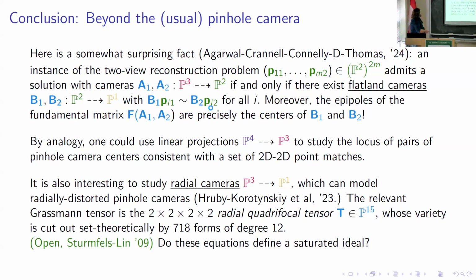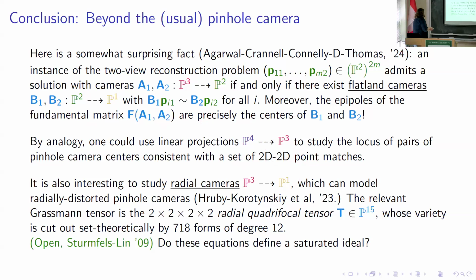What's nice about this if and only if is that the construction shows that the epipoles of the fundamental matrix for your 2 pinhole cameras are precisely the centers of these flatland cameras. So in other words, if you wanted to understand the epipoles of the fundamental matrix, you could think 1 dimension lower about the centers of flatland cameras.